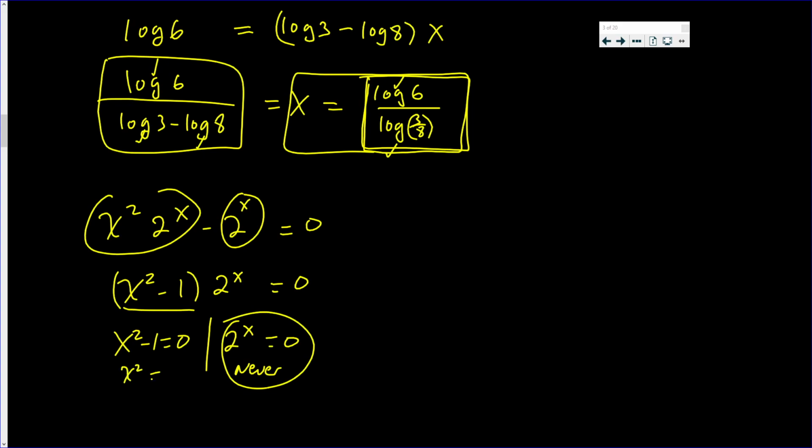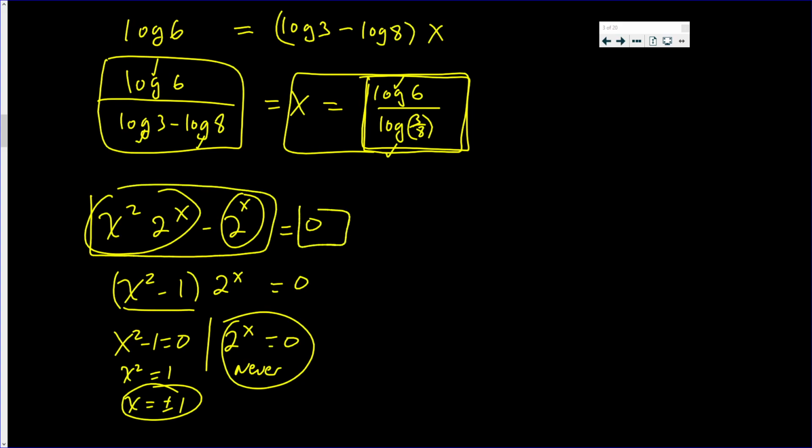So here x squared could be 1, which means x is plus or minus 1. So if you plugged in plus or minus 1 in here, both sides would be equal. In this case, they both equal 0. And that makes sense, because if you square 1 or negative 1, you're going to get 1.